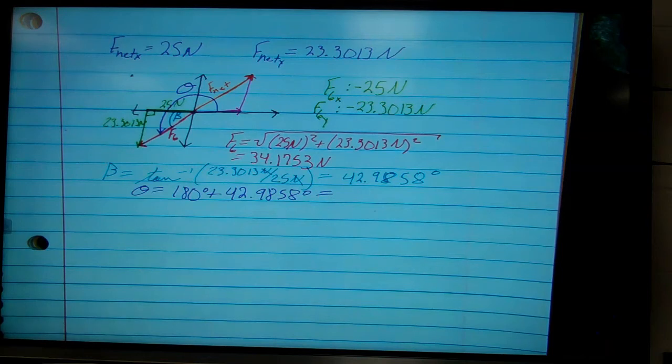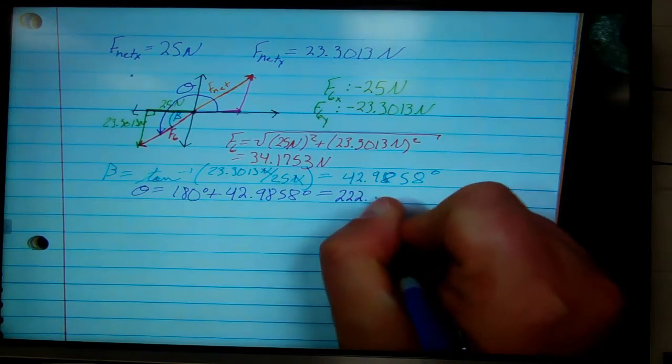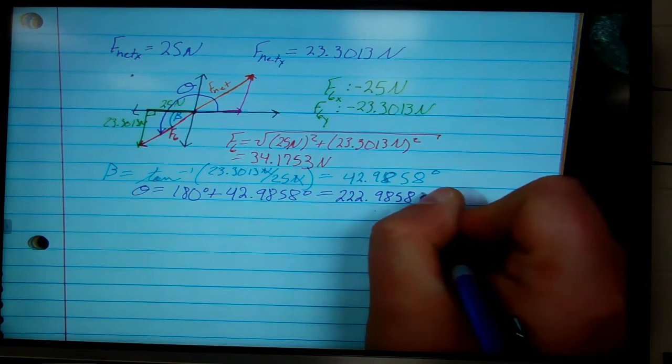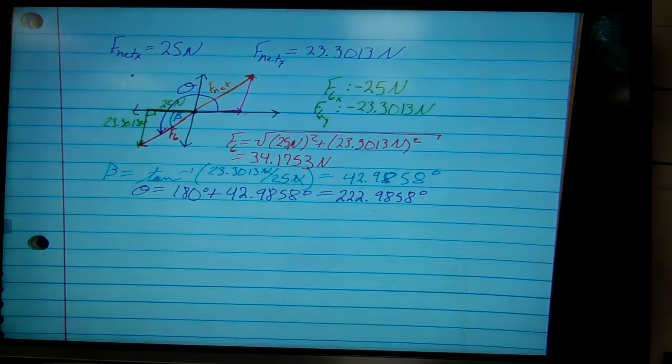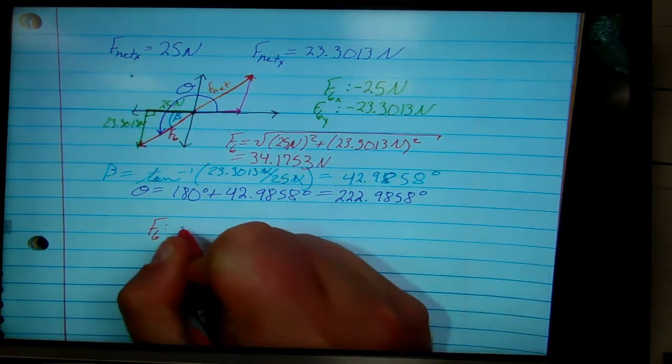Now I've gotta draw this. That's farther around. We're looking for the purple line. And now we look at this number.